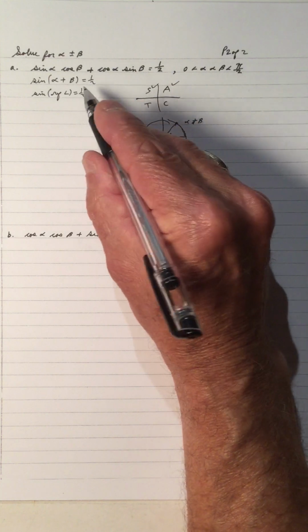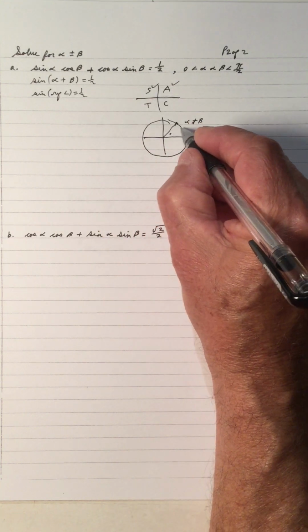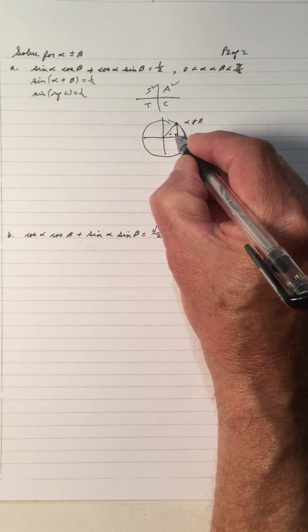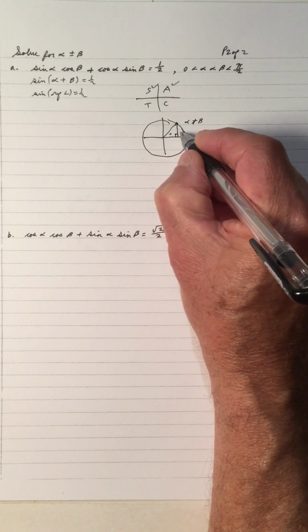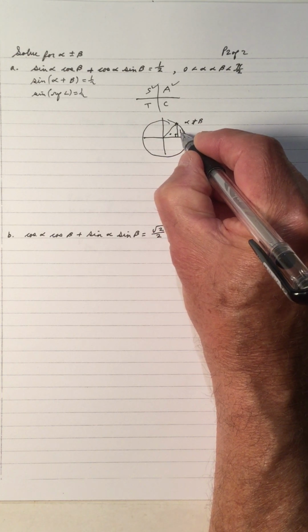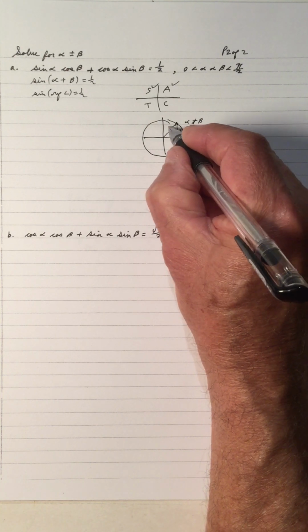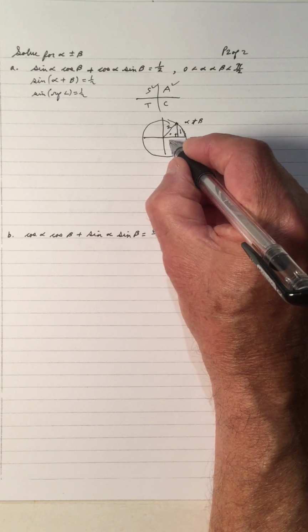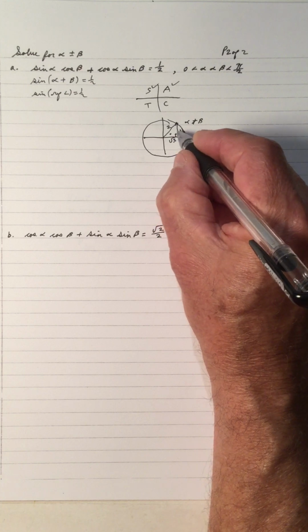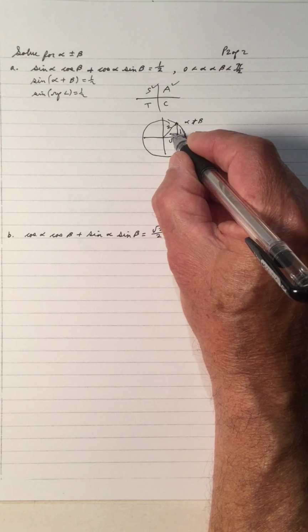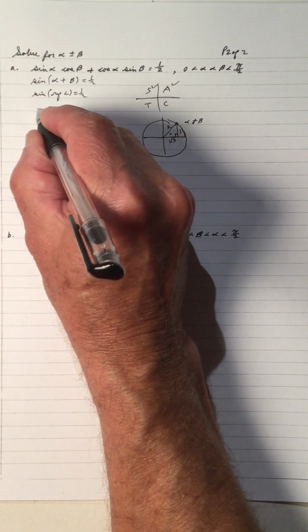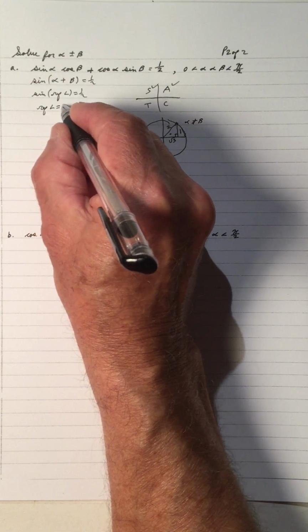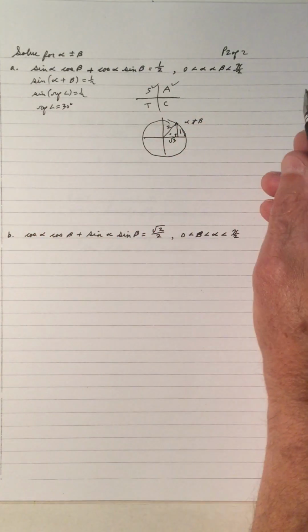Sine is opposite over hypotenuse, so we draw a perpendicular to the x-axis. Notice we have a 1/2 and a √3, a special right triangle. So this angle here is 30 degrees, so the reference angle is 30 degrees.